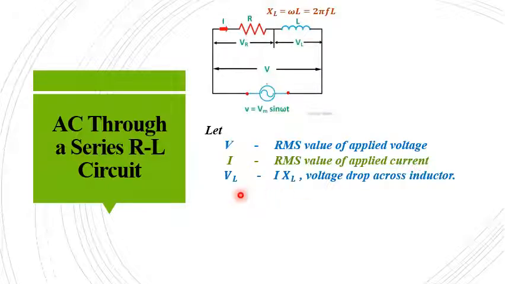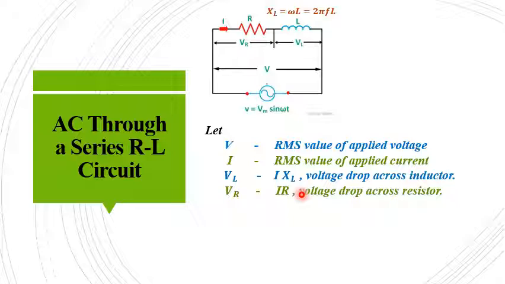Then the voltage drop across the inductor VL is equal to I into XL, and the voltage drop across the resistor VR is equal to I into R. So our aim is to find the current through the circuit as well as the power dissipated in this circuit.